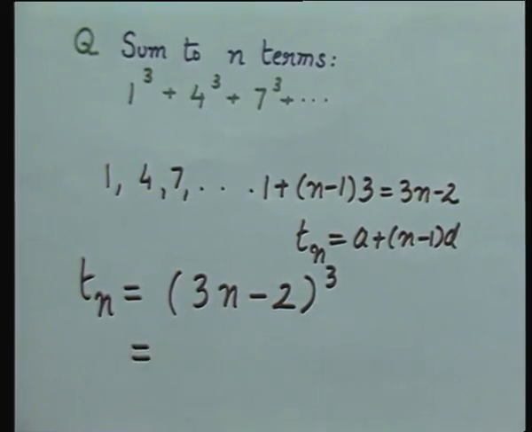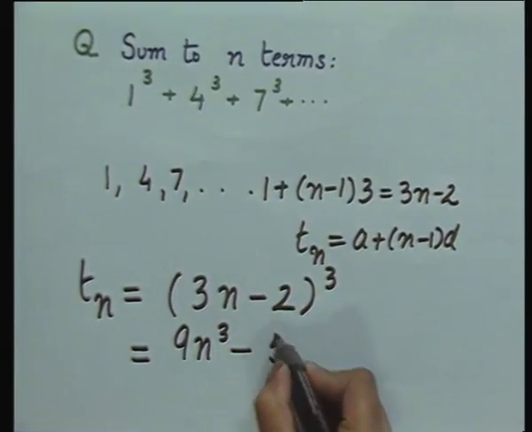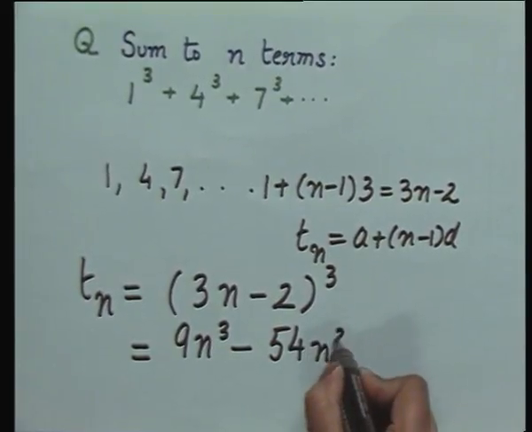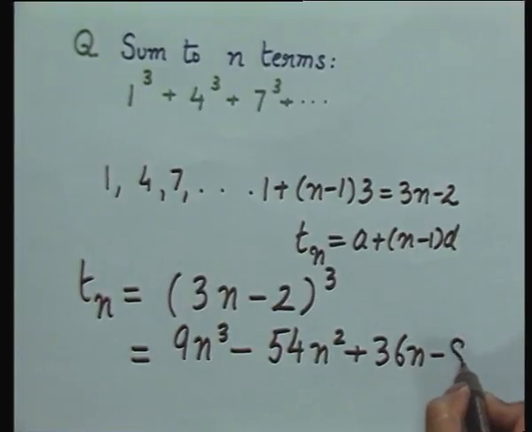And what you have to do is apply (a minus b) whole cube, and you will have the nth term.